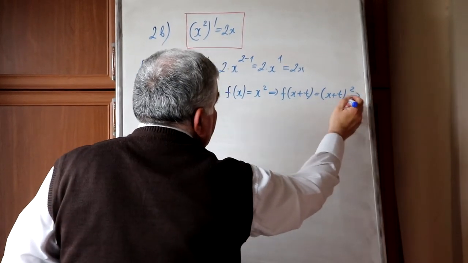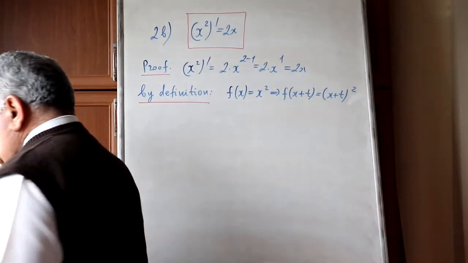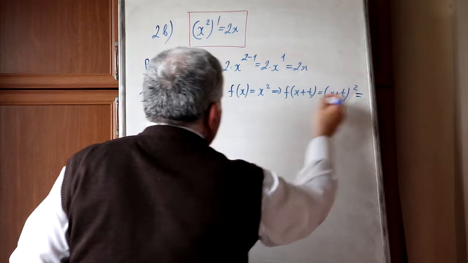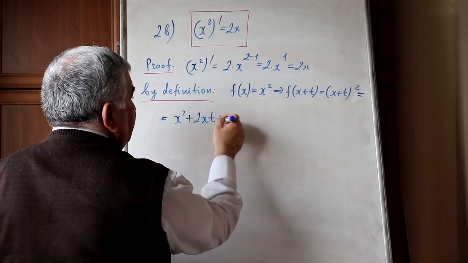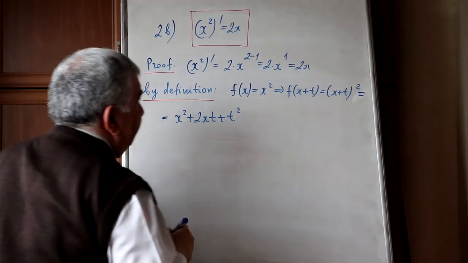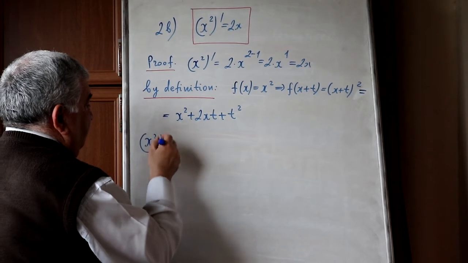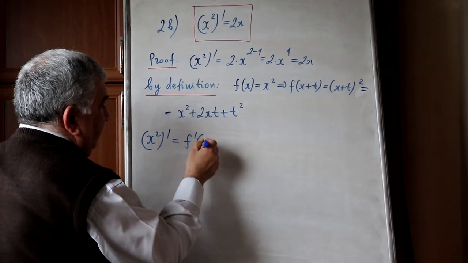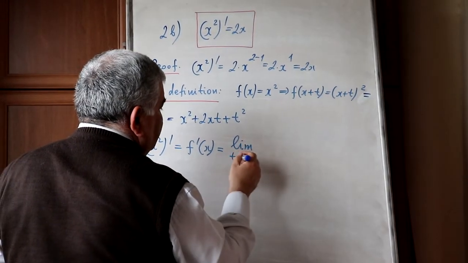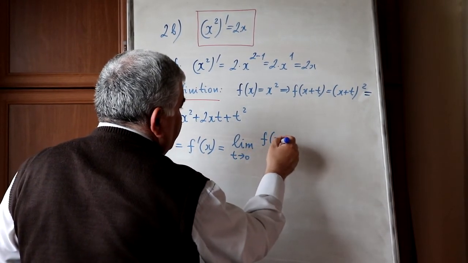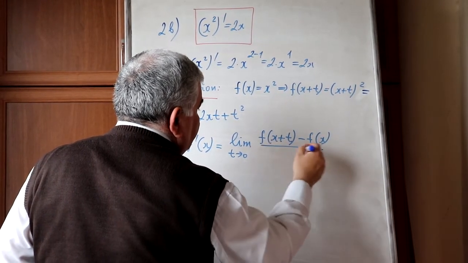Then it is equal to x squared plus 2xt plus t squared. Then use the definition of the function derivative. X squared prime equals f prime of x equals limit when t tends to 0 of f of x plus t minus f of x over t.